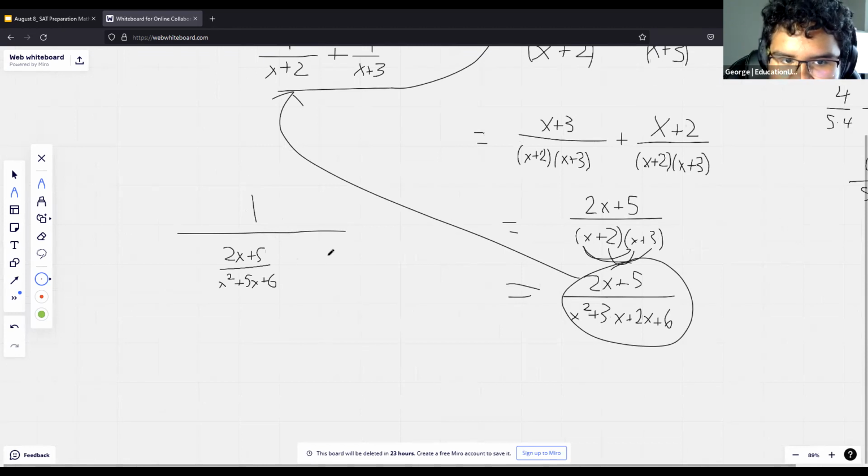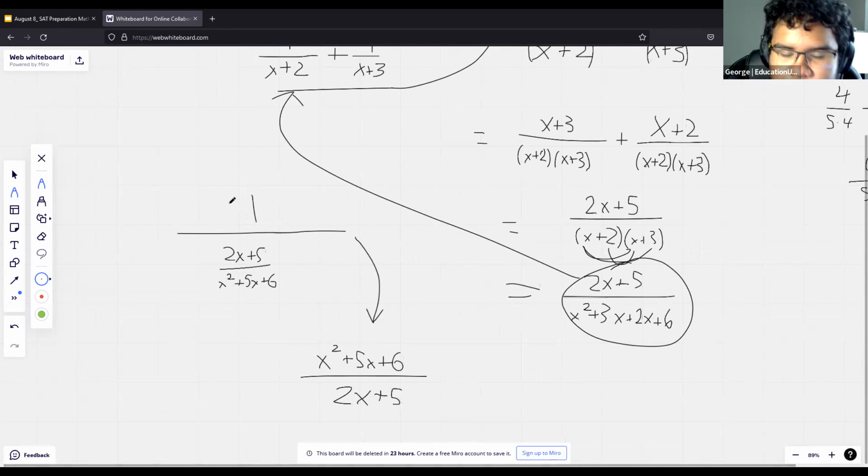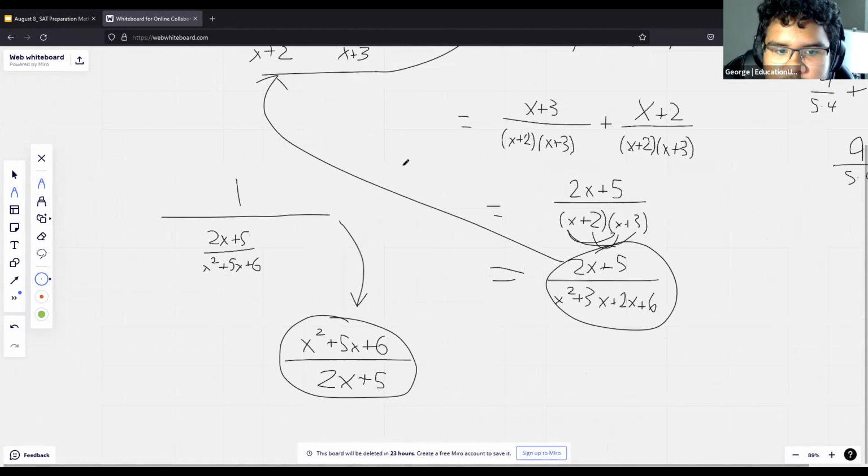So we simplify this by writing this bottom half on the top like this, x squared plus 5x plus 6 over 2x plus 5. This is known as a reciprocal, because you're just flipping the top and bottom halves of the denominator. And this is the actual final answer.